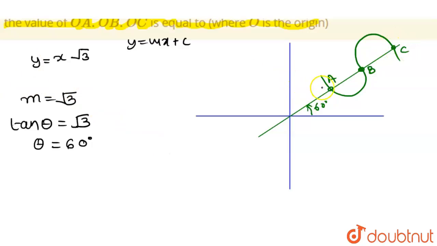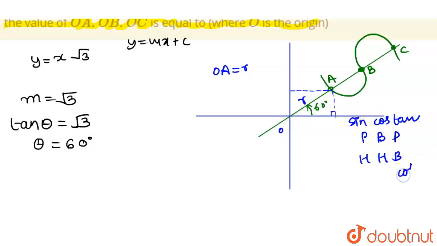Now we know how to find the coordinates of A. We know the horizontal distance and vertical distance, this is the perpendicular and this is theta. This is OA, origin and A. Let's say that OA is equal to R. If OA is R and this is 60 degrees, then by using the formula, perpendicular upon hypotenuse, base upon hypotenuse, for sine, cos, tan, then cot, sec and cosec.